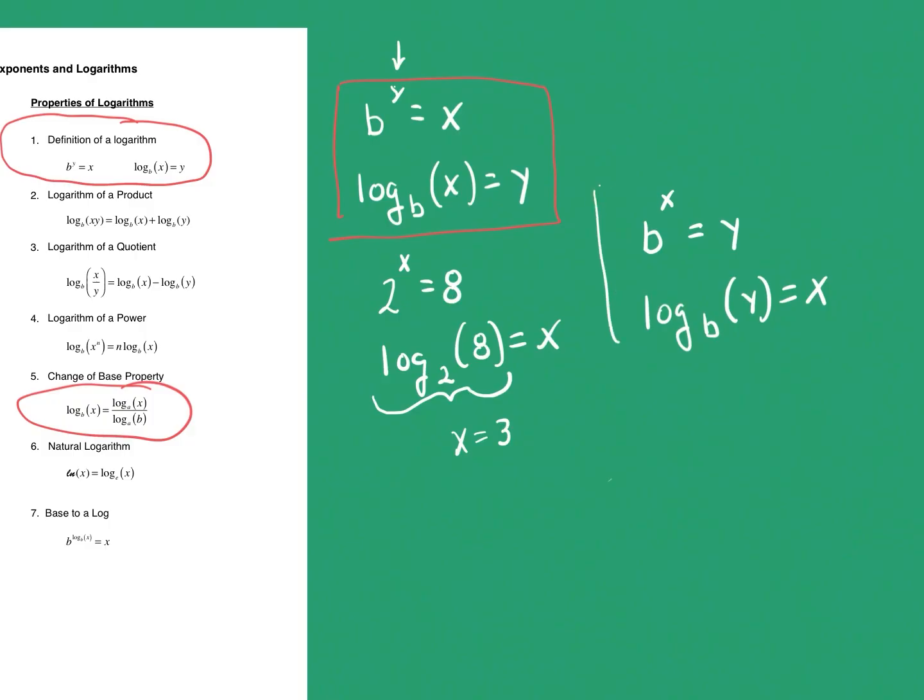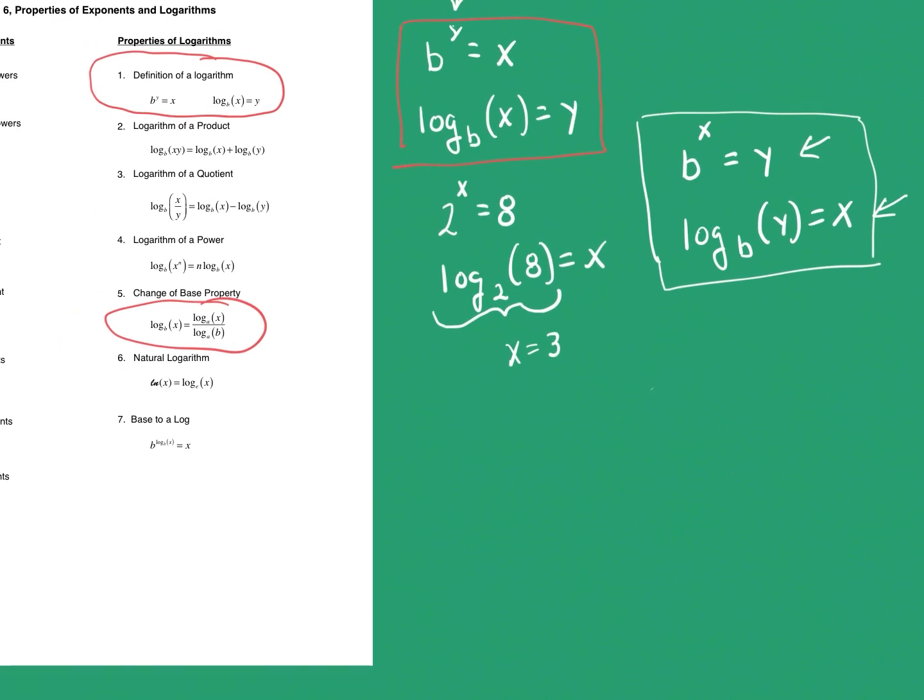I'm doing that on purpose because it's the pattern that's important, not the variables that we use. You want to be able to see an exponential equation and change it into a logarithm if you need to, or vice versa. That's why that first definition of a logarithm is actually listed as a property, because we use it all the time depending on how we want to solve an equation.